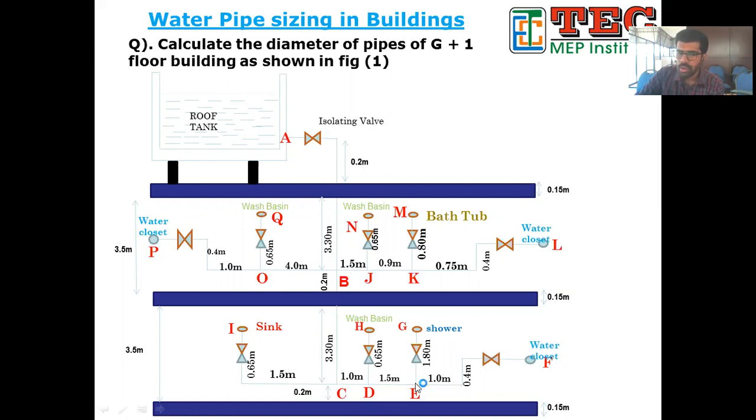You know the minimum pipe size of the shower and of the water closet. Not only that, you know the fixture unit, the WSFU, of the water closet and of the shower also. So how do you know the fixture unit of the water closet and of the shower?